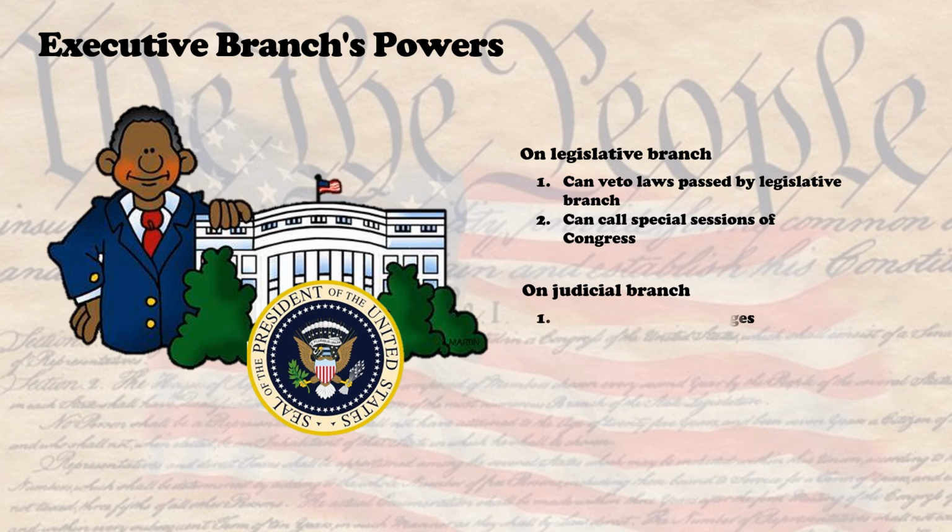Now, over the judicial branch, the President has the power to appoint federal judges. Now, this is really, really important. Why? Because people tend to appoint people who share their political views. Right? So the appointment of federal judges is something that presidents do that far exceeds the terms of the president.